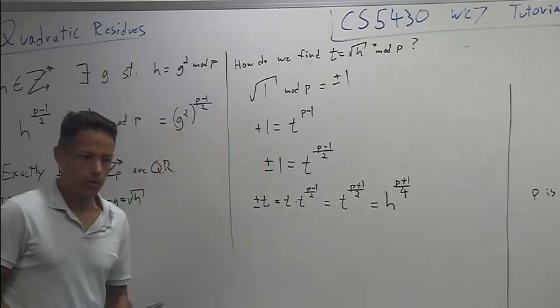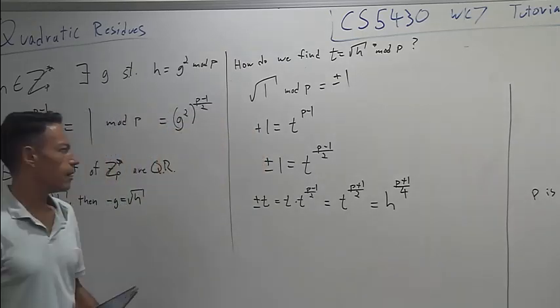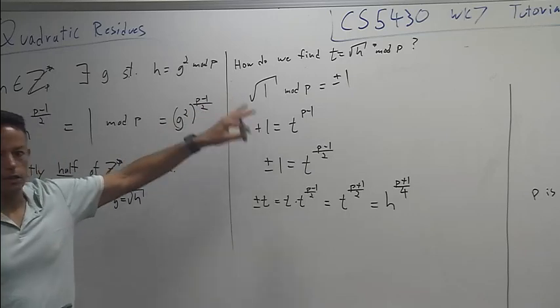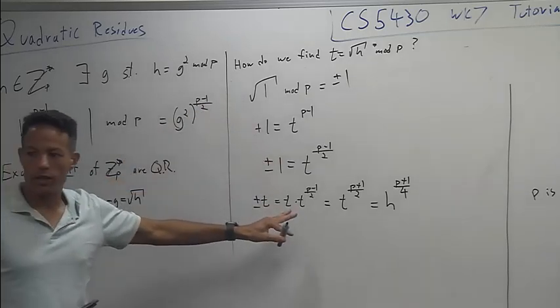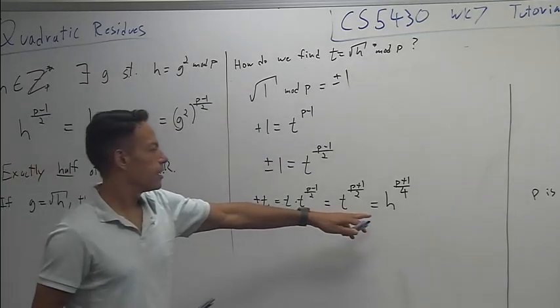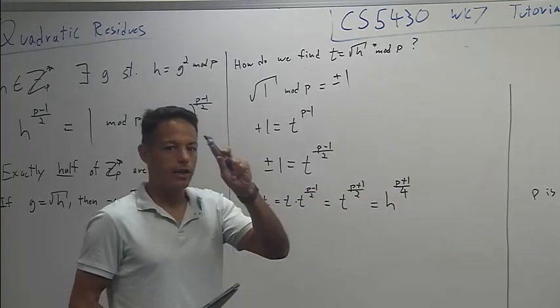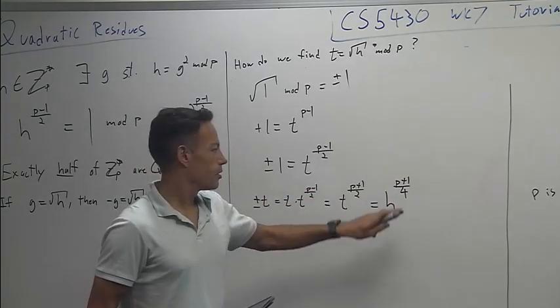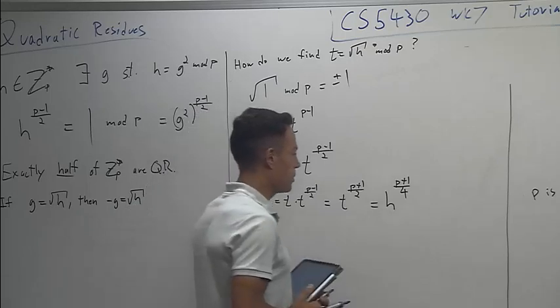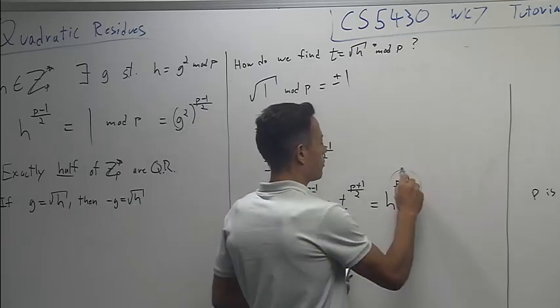I'll let you work through this at some point. Basically, you just mess around with the algebra to see that you can take h to the (p plus 1) over 4, if that exists. This must be an integer, so that restricts what we can work with.